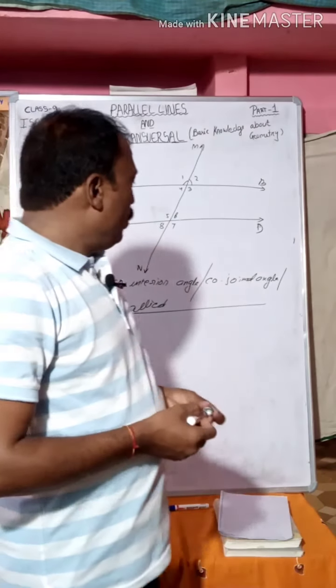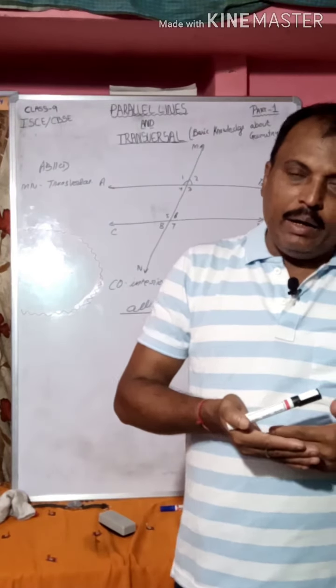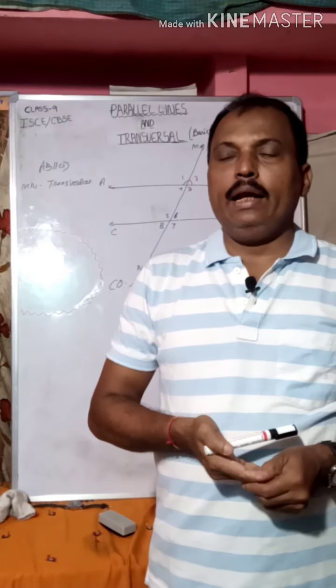Co-interior angle, co-joined angle or allied angle. What are co-interior angles, co-joined angles or allied angles?